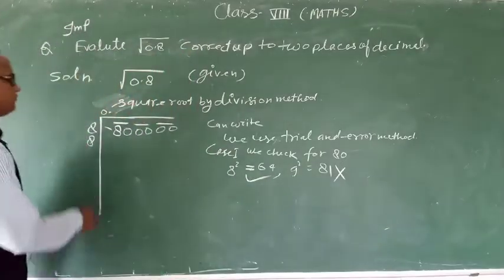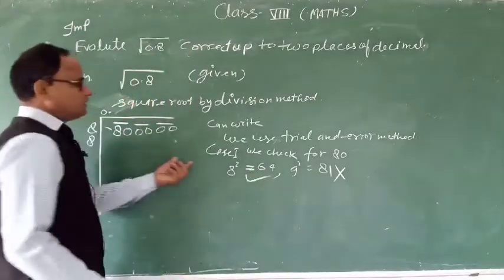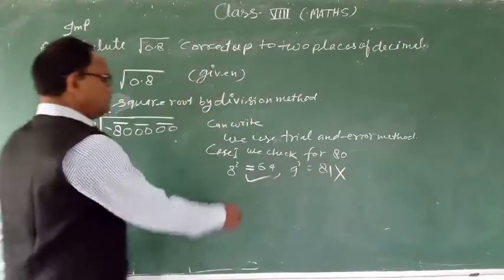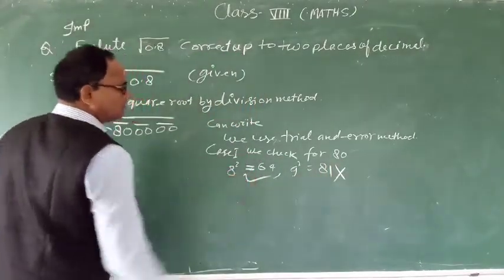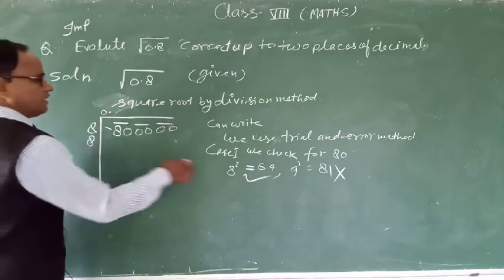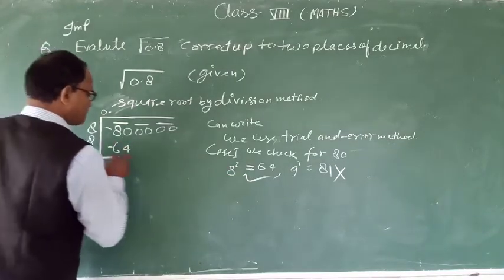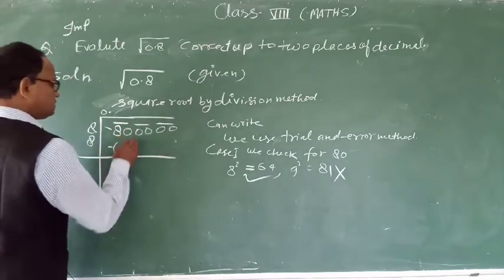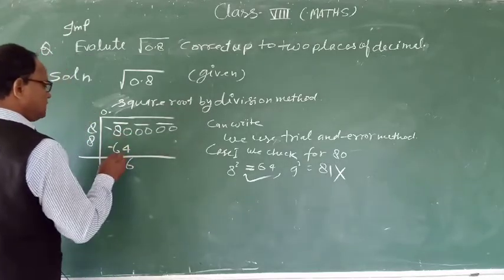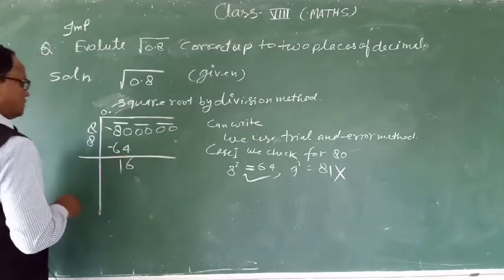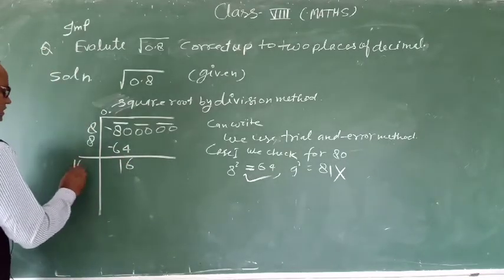In the first case we check for 80, and the suitable number found is 8 square 64. 10 minus 4 is 6, 7 minus 6 is equal to 1. 8 8 16.